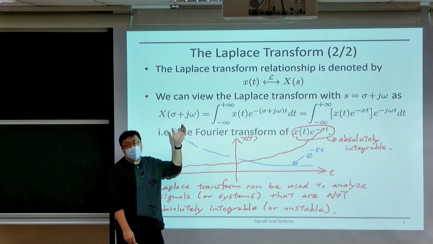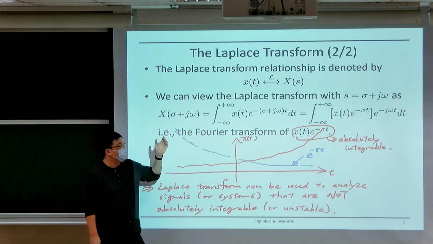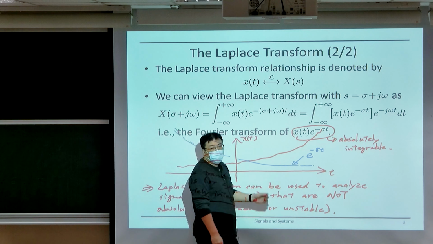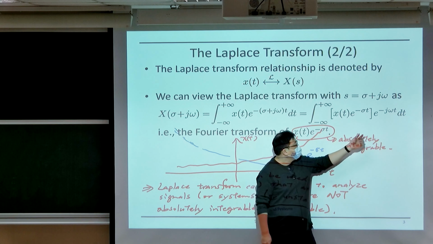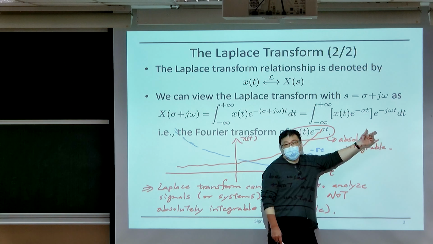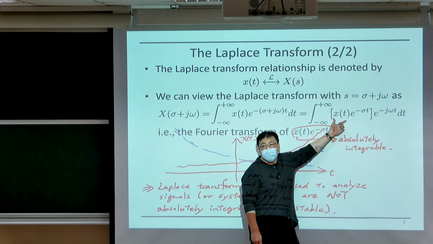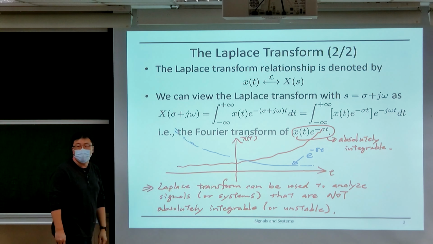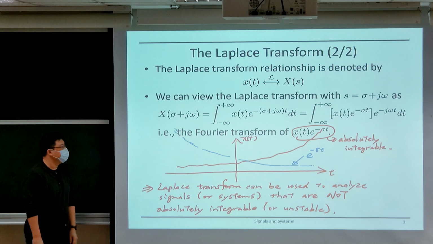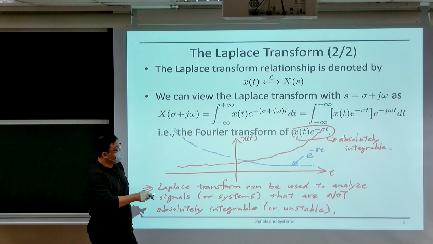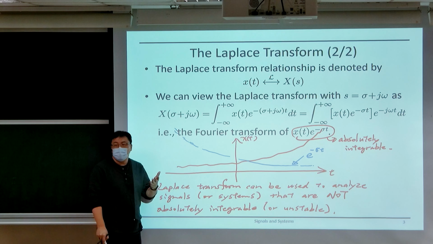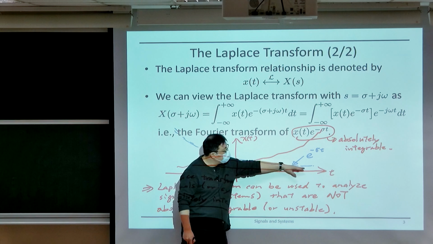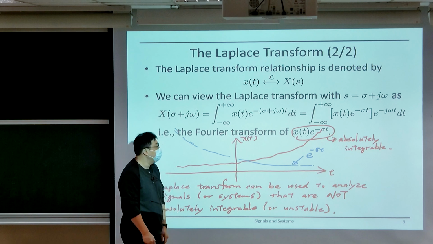To understand the Laplace transform, the key point is that the Laplace transform is actually just the Fourier transform of your function times this decaying exponential. Here sigma can be either positive or negative. If it's positive, then it suppresses the right-hand side of the signal.